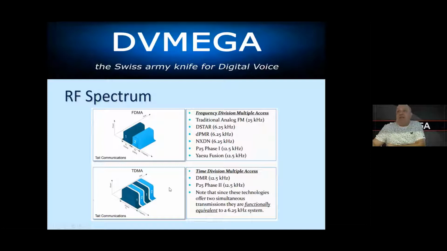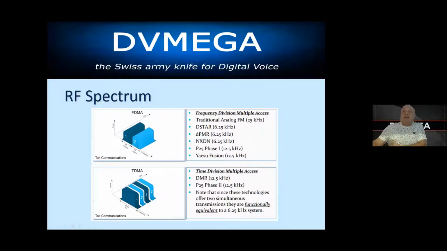And TDMA, time division multiple access, that means that in one RF stream you can have two channels. So that means that two people can speak on one frequency at the same time.